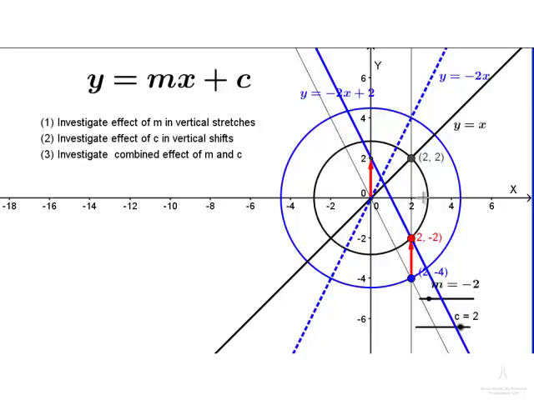Remember, this -2 is firstly a reflection in the x-axis, and then a vertical stretch by the factor 2. So it goes from (2, 2) to (2, -2), then to (2, -4). But then, because the value of c is equal to 2, you must shift it 2 units upwards again.